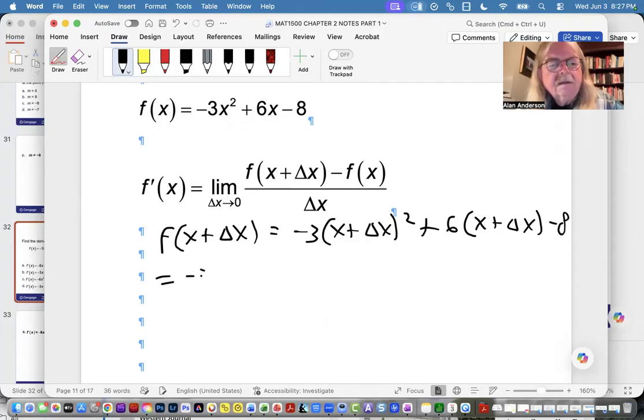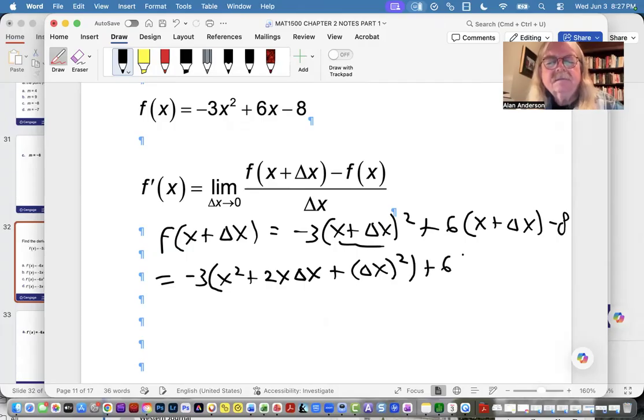All right. Now, we already saw earlier that when we square this, it became x squared plus 2x delta x plus delta x squared. Whoops, no. We'll drop the parentheses in the next step.